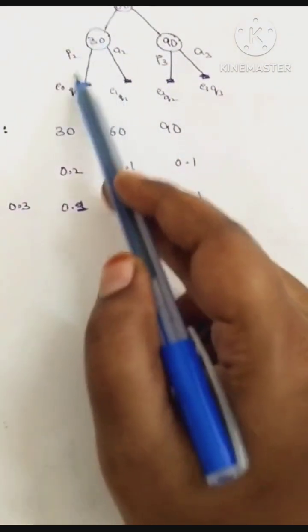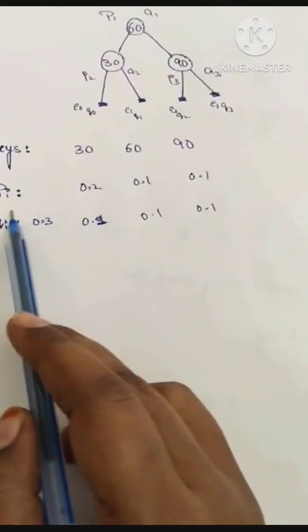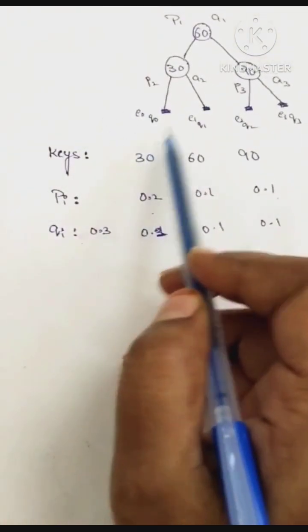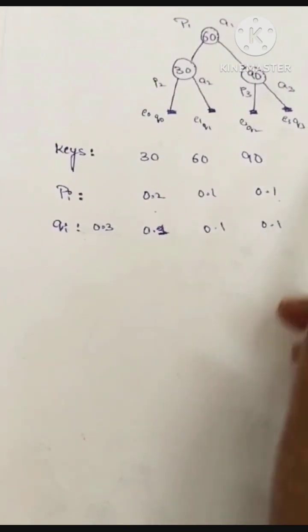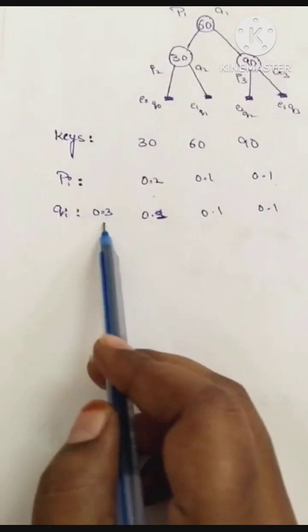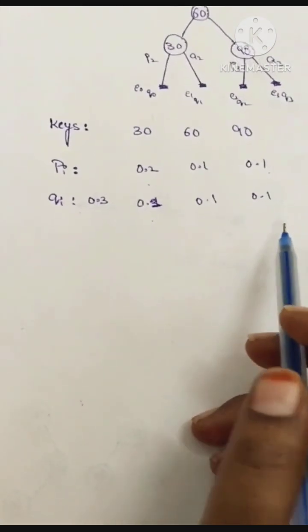Here, P1, P2 and P3 are the probabilities of success, where the values are given as 0.2, 0.1 and 0.1. Q0, Q1, Q2 and Q3 are the probabilities of failure, where the values are given as 0.3, 0.1, 0.1 and 0.1.